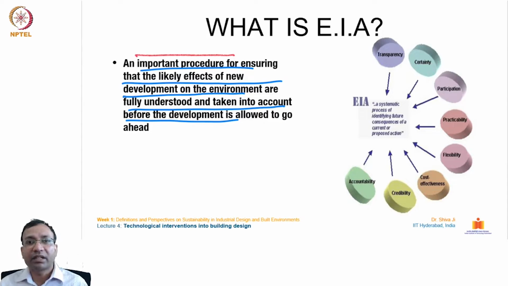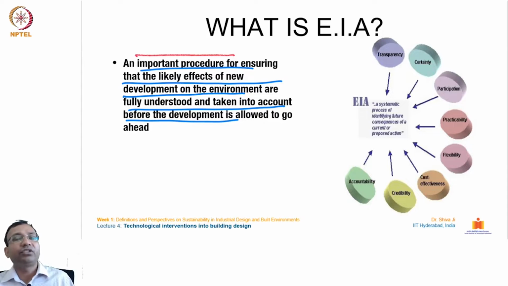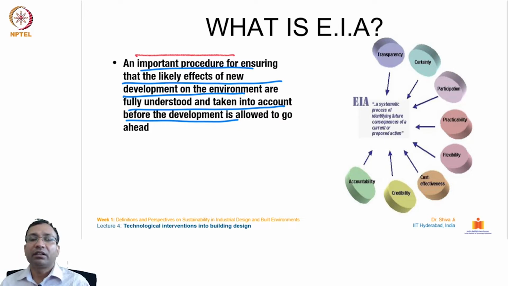It proposes flexible ways to do things. It checks the practicality. It checks participation. It involves people and different stakeholders. It talks about certainty, and the things which are certainly going to happen. So it talks in finite terms.